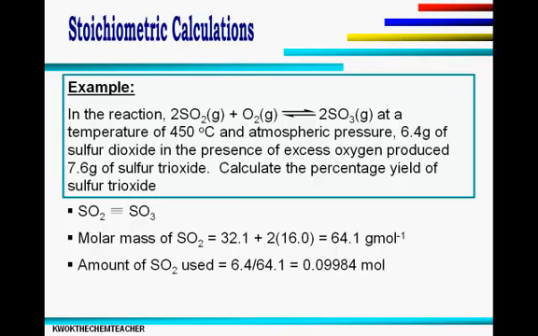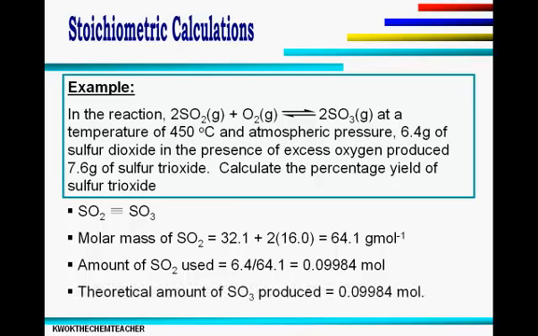Hence, the amount of sulfur dioxide used will be 6.4 divided by 64.1 to give me 0.09984 moles, whereas the theoretical amount of sulfur trioxide produced would be 0.09984 moles. That's because the mole ratio of sulfur dioxide and sulfur trioxide is 1:1.